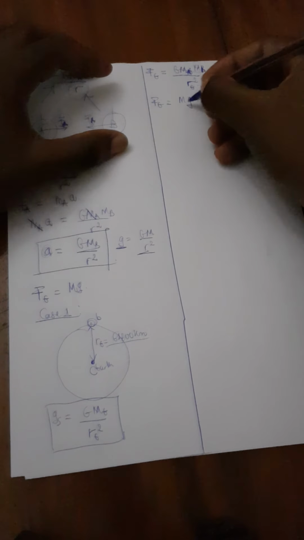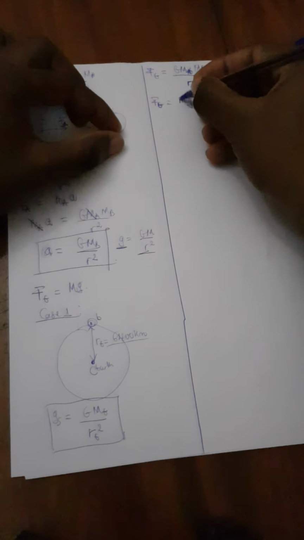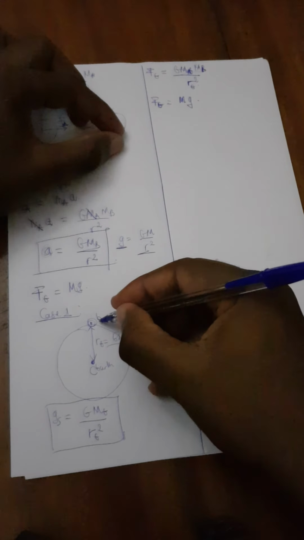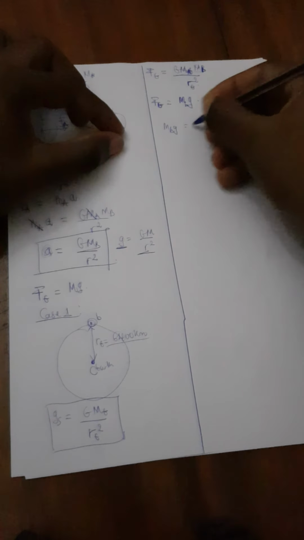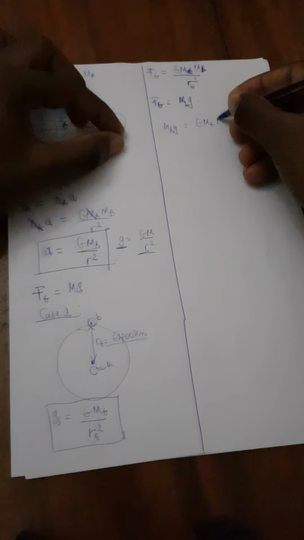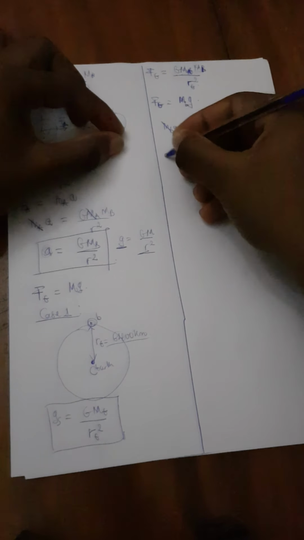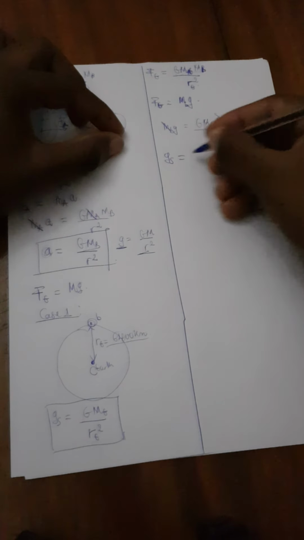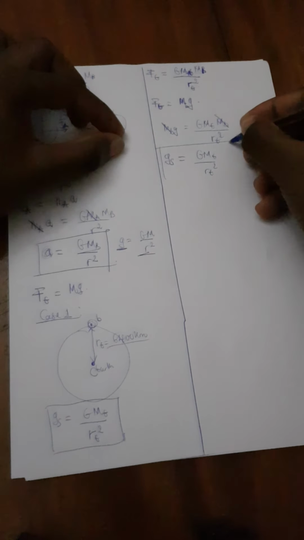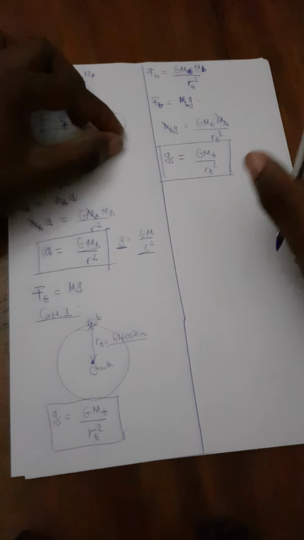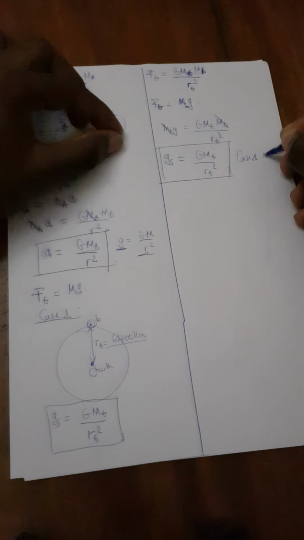Now, this Fg involves the mass of body B. So upon equating them, I'm going to cancel body B and say the gravitational field strength at the Earth's surface is G m of the Earth over r_E squared. This is case 1 equation.